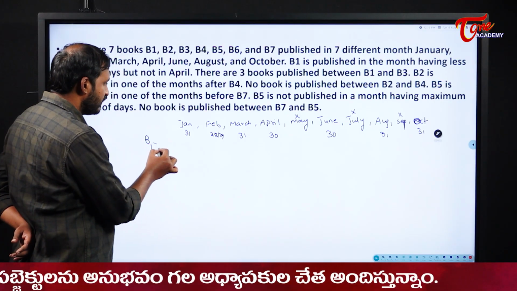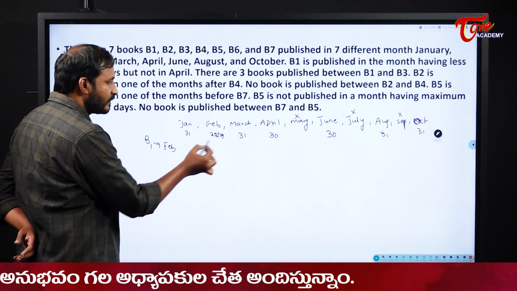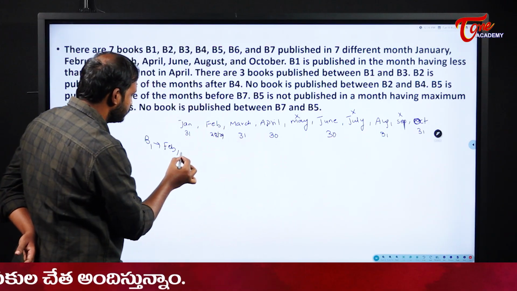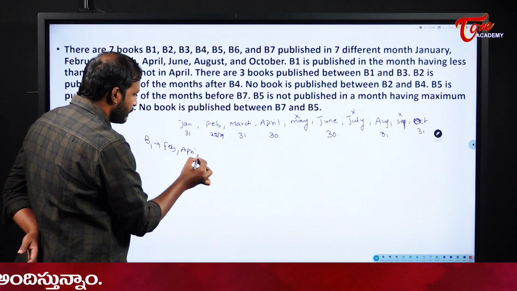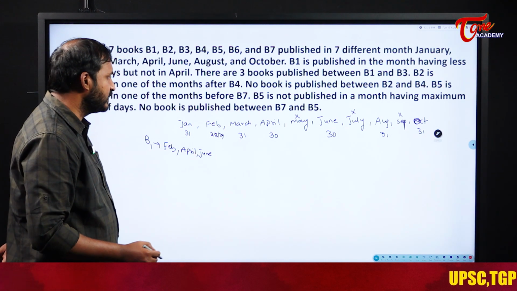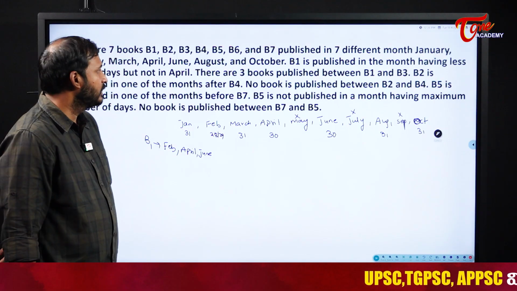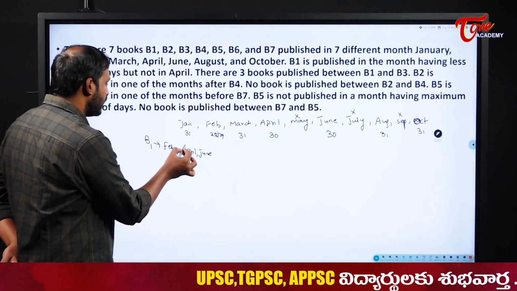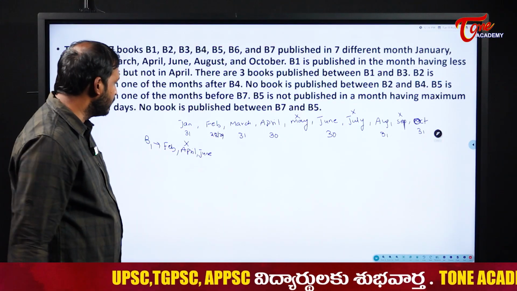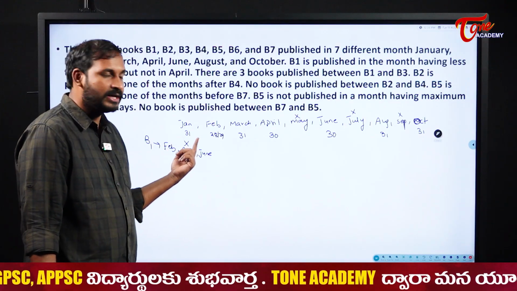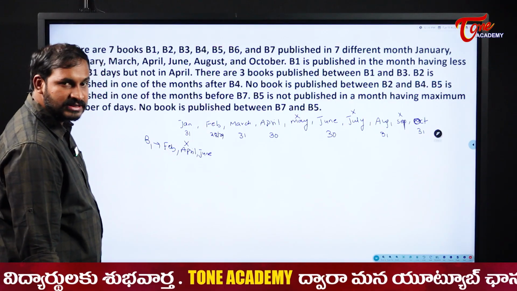February, April and June. These are the 3 possibilities for the book B1. Right? Next. But not in April. It is clearly mentioned that not in April. So there are only 2 chances for B1, that is either it will be published in February or in June.